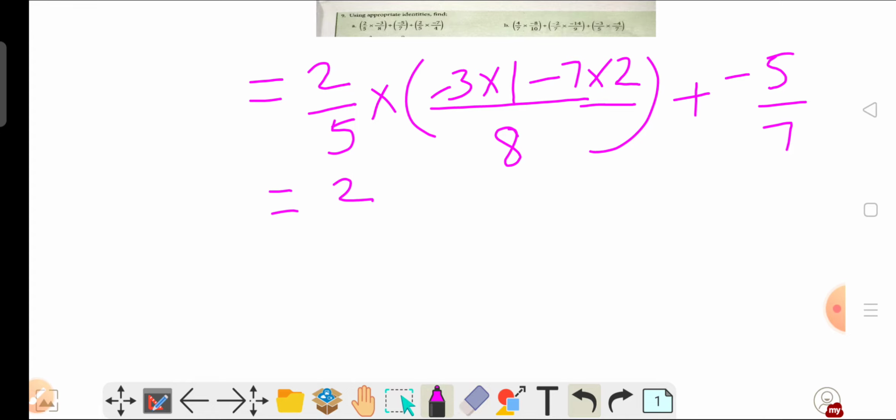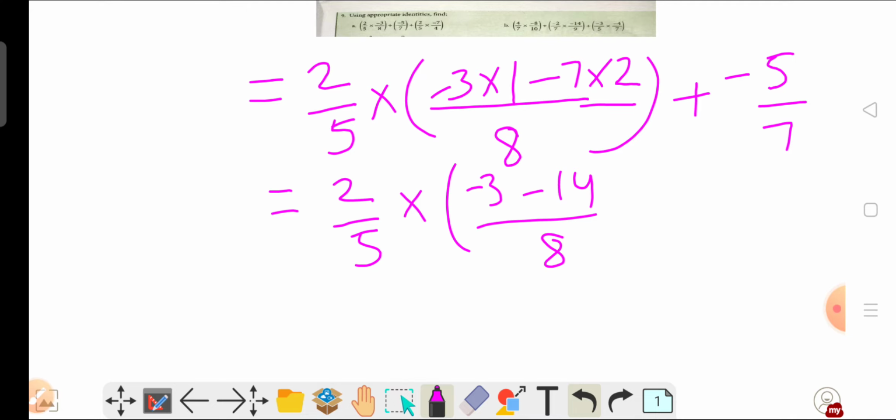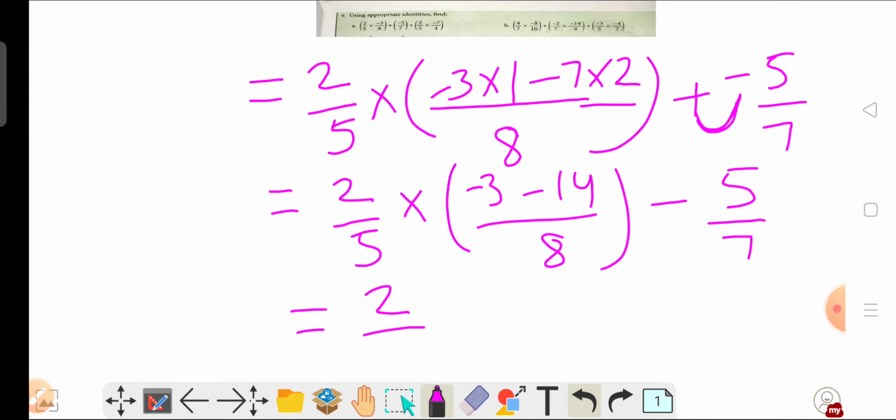So this is equal to 2 by 5 multiplied by minus 3 minus 14 by 8, and this plus and this minus are again two different signs with no number between them, that's why their resultant sign will be minus. So minus 5 by 7. Clear? And this is again equal to 2 by 5 multiplied by minus 17 by 8 minus 5 by 7.